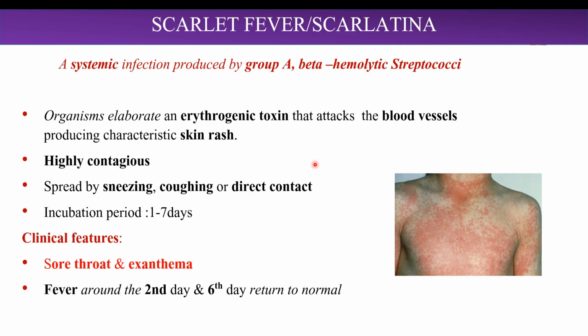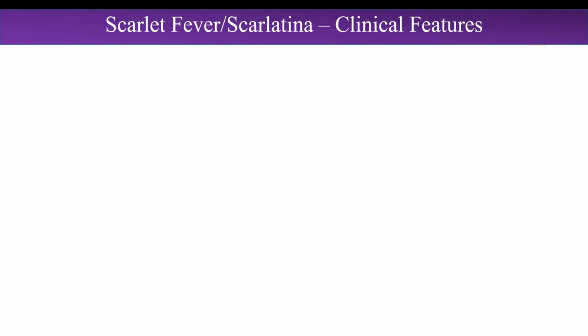So exanthema means eruptions all over the body. As you can see, there will be skin eruptions along with the sore throat, which are the important clinical features of Scarlatina. Fever starts around the second day, and by day 6 the temperature returns to normal.